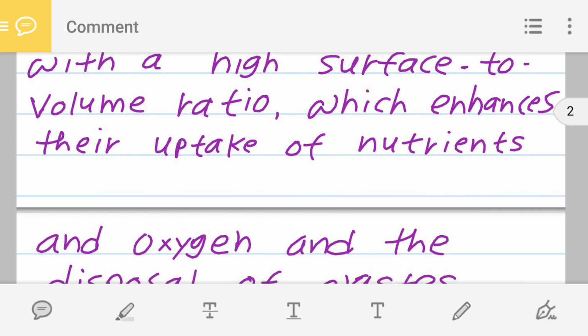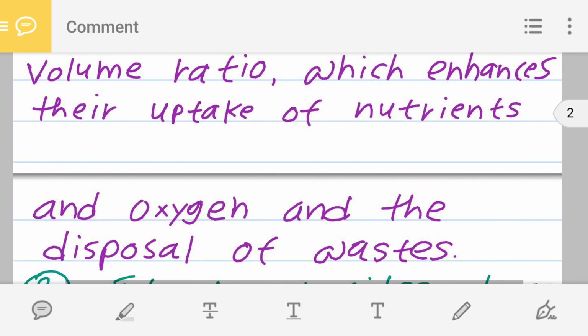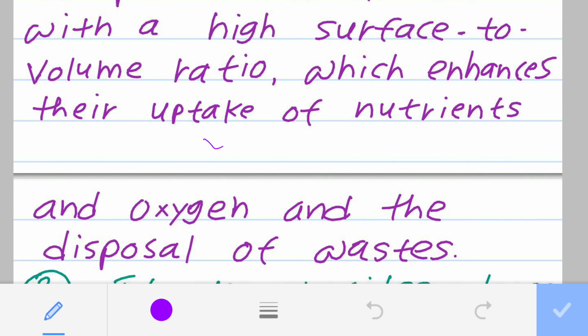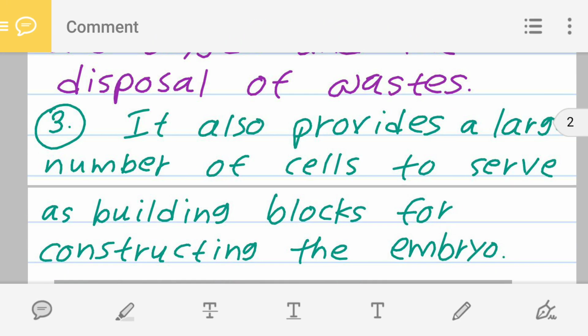Since the cell size is small, they can easily take up nutrients. Nutrients can easily pass through these smaller cells. Then oxygen enters the new cell, and the waste material can be easily removed from these cells.